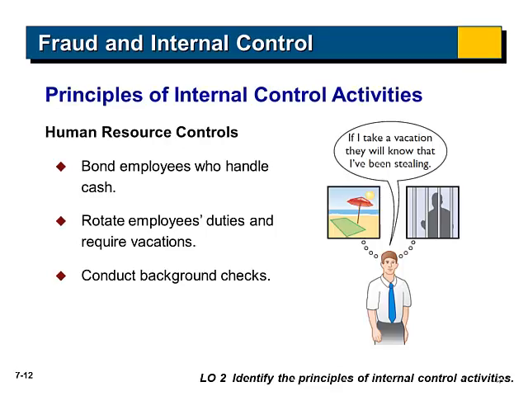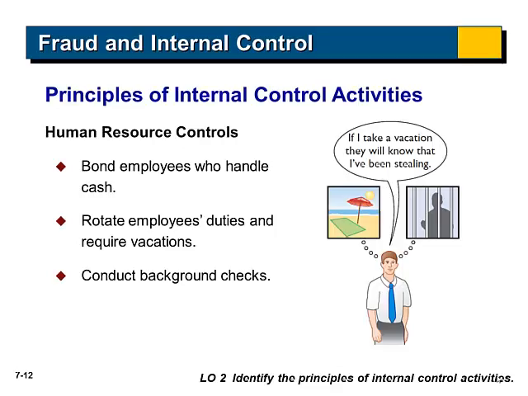And if someone fills in for you, things will look a little off. And this guy in the slide says, if I take a vacation, they'll know that I've been stealing. And so oftentimes a good internal control is not only to rotate the employee's duties, but also to require vacations. And then obviously to conduct background checks on your employees.